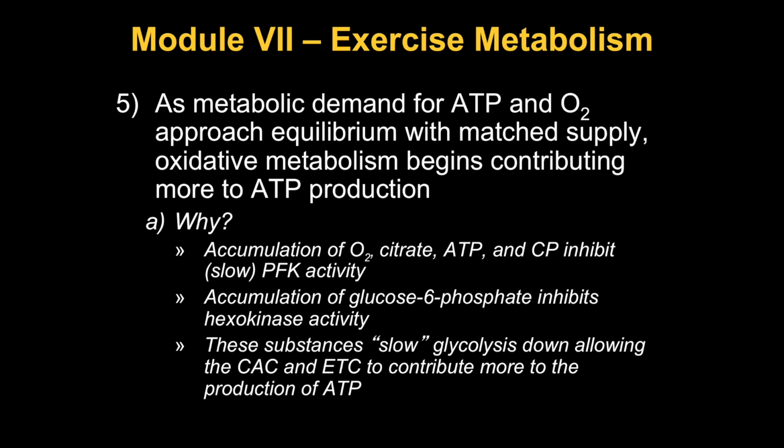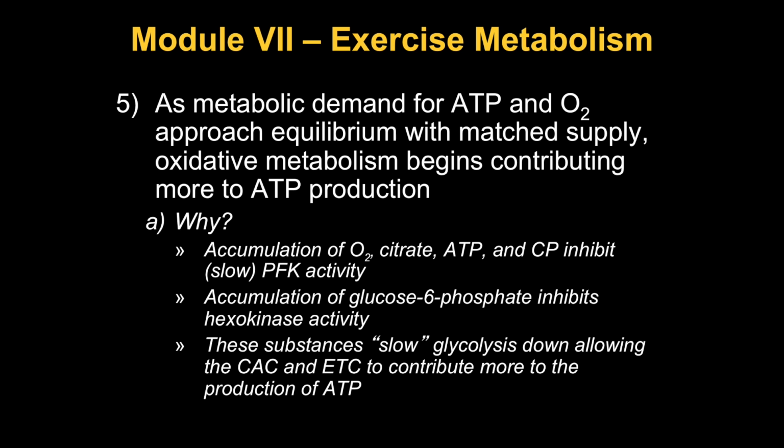So we're going to make ATP using oxidative phosphorylation or oxidative metabolism in order to meet the given demands. So the cardiovascular system under this scenario has delivered sufficient amounts of oxygen to the working muscle for the given demand that's being placed on the muscle.